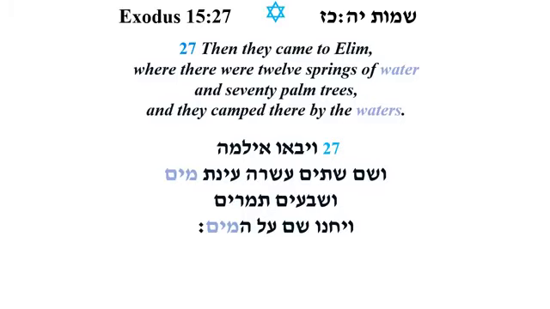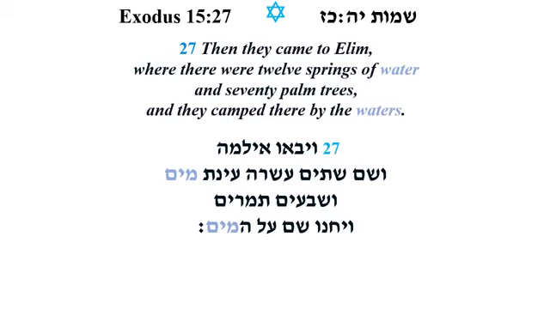All right. But here's why this verse is in here. We told you that ayin was a letter. Ayin also meant eye. And ayin also means a spring, out of which water comes, right? So here you have, there were 12 springs of water.